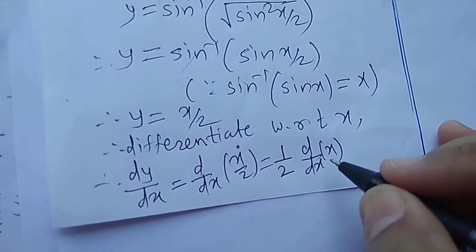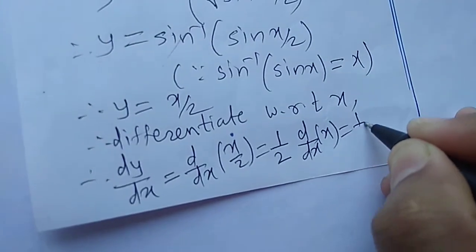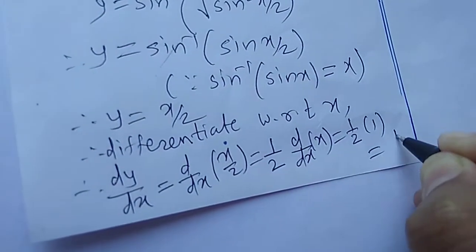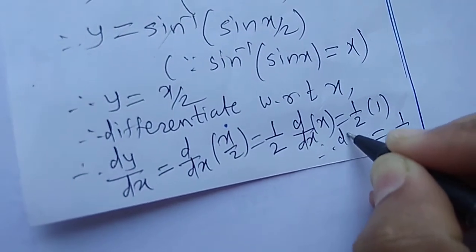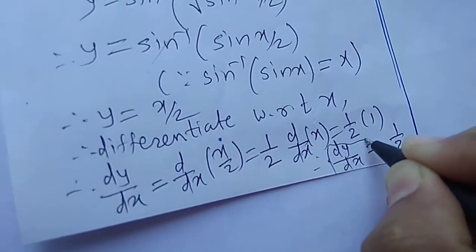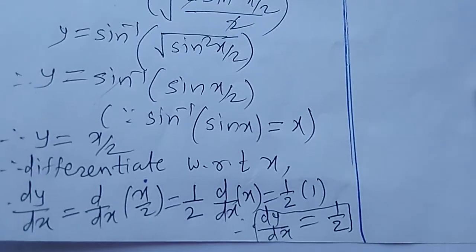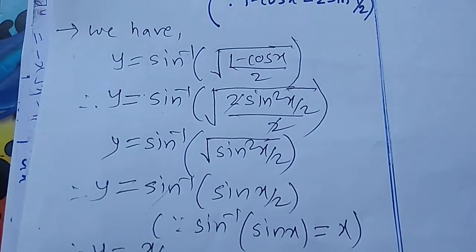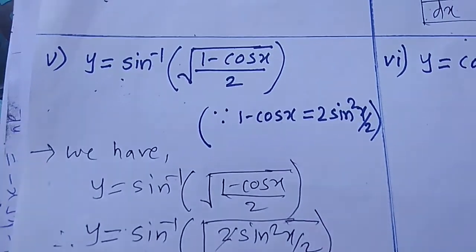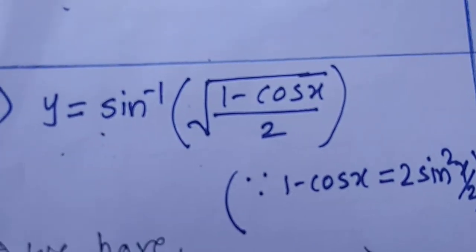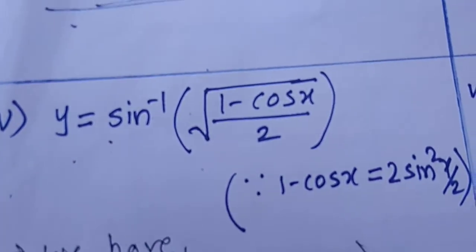But d by dx of x is 1, therefore 1 upon 2 into 1, we will get 1 upon 2. Therefore the derivative dy by dx is equal to 1 upon 2. So this is the derivative of the given function y is equal to sine inverse of root of (1 minus cos x) upon 2.